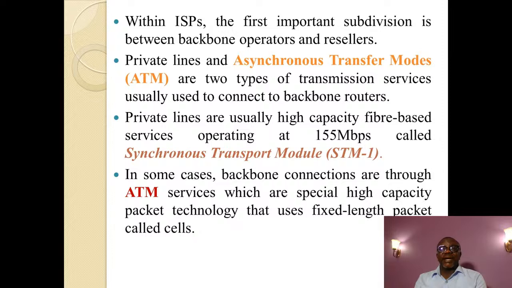Private lines are usually high-capacity fiber-based services operating at 155 megabits per second. This 155 Mbps is usually known as STM1. So you'll be hearing people ask, what is the capacity of your internet? And we say, we have STM1. STM stands for Synchronous Transport Model, which offers 155 Mbps capacity.